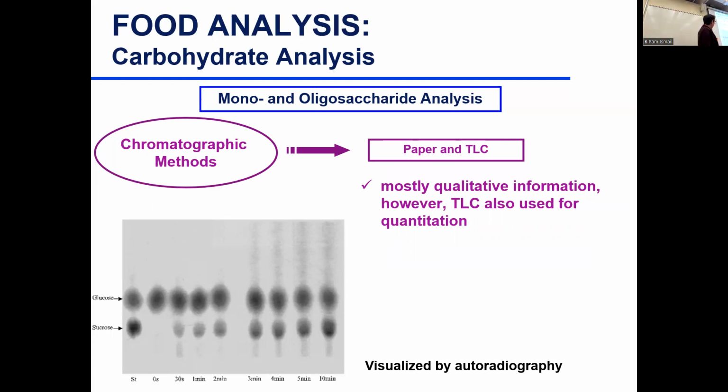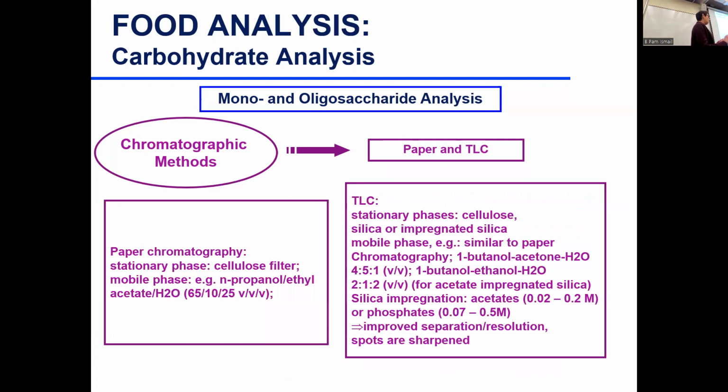If we use paper or thin layer chromatography, oftentimes we visualize by autoradiography. This is just FYI. I won't necessarily ask you what type of paper or what type of TLC is used, but just general knowledge that these are used. Not very common, but they're there.